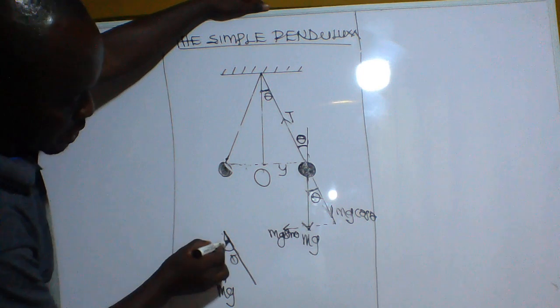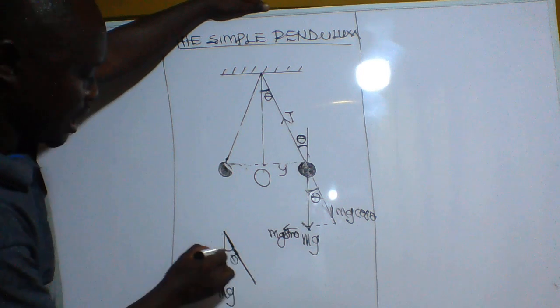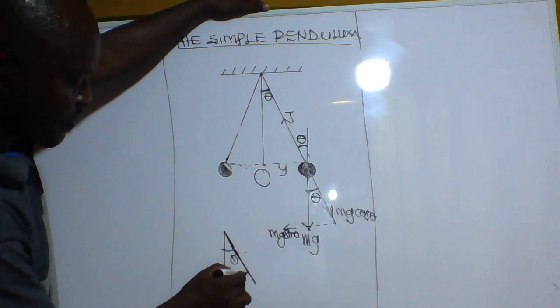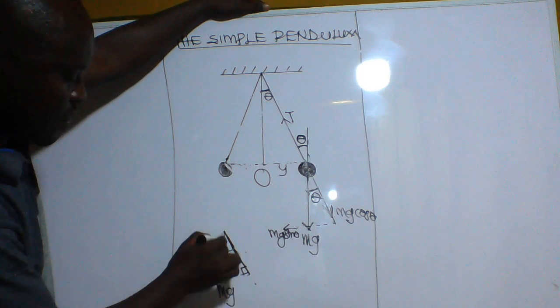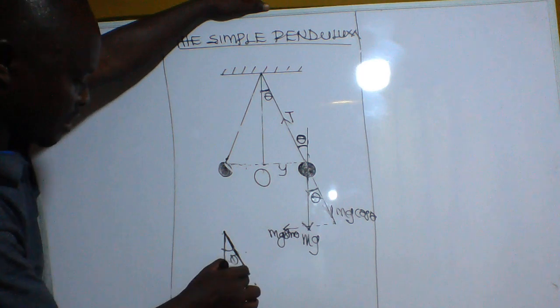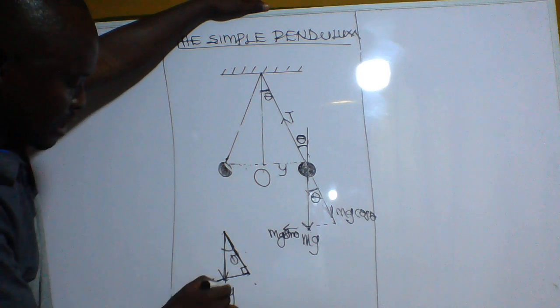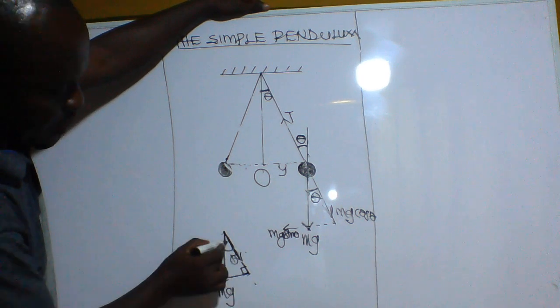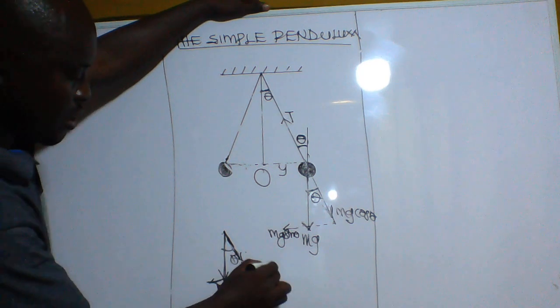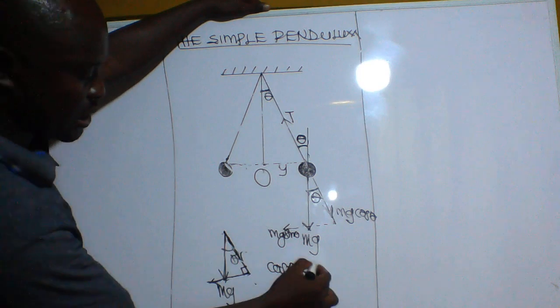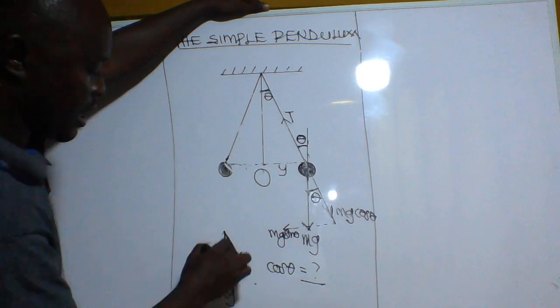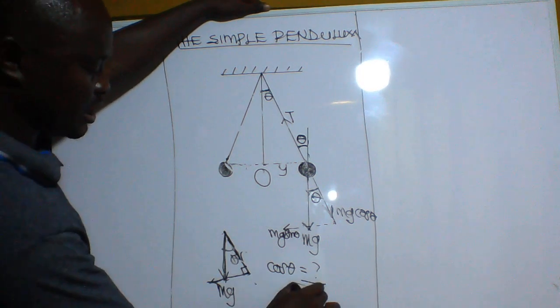Because this side is adjacent to the angle, when we resolve it using trigonometry, a right-angled triangle, we have cos theta equal to the adjacent, which is this unknown component, divided by the hypotenuse mg.